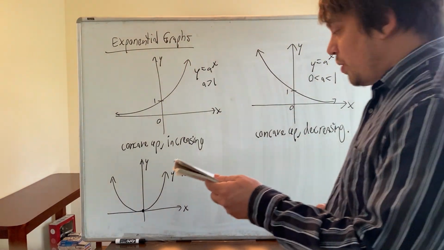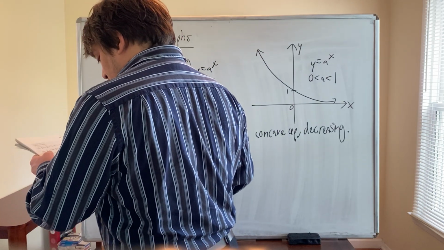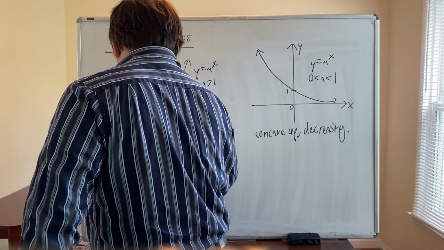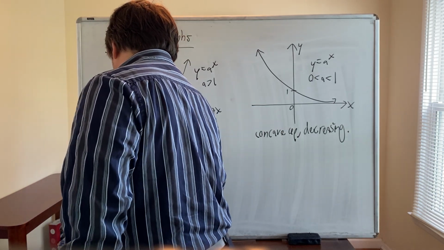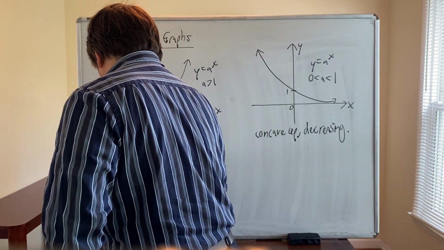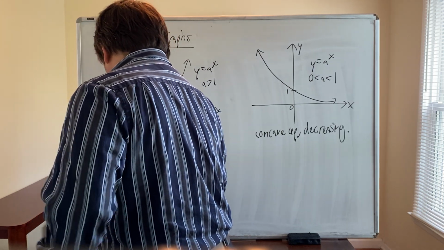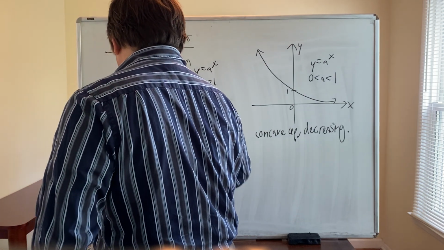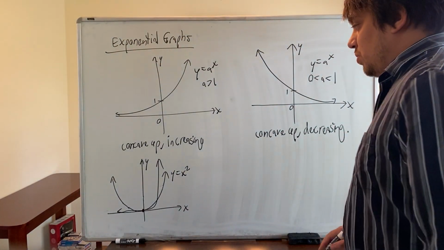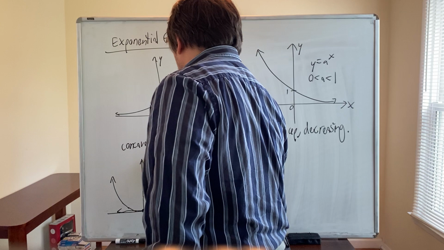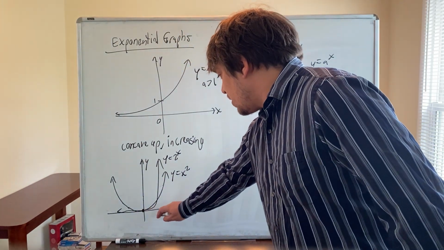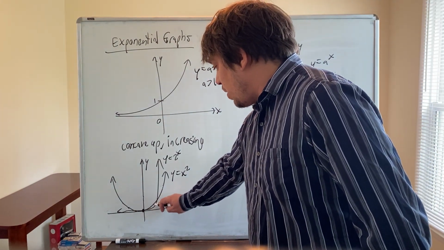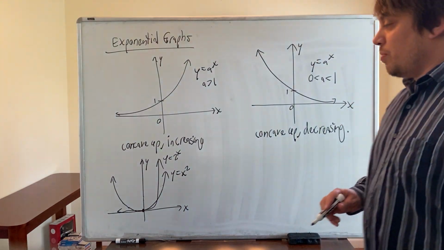If I were to graph y equals 2 to the x, then the graph might look something like this. So at first, y equals x squared will grow faster, will be higher. But then very quickly, y equals 2 to the x will catch up to it, and then it'll increase at a much faster rate.